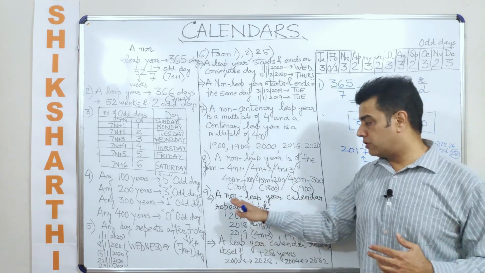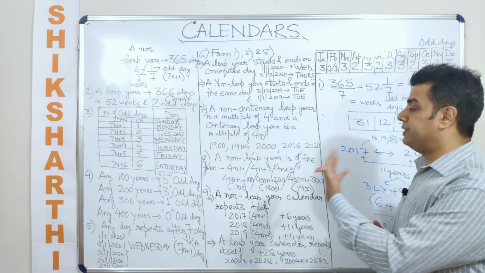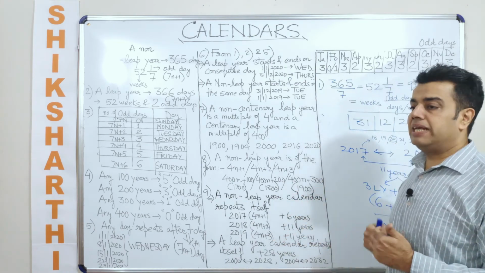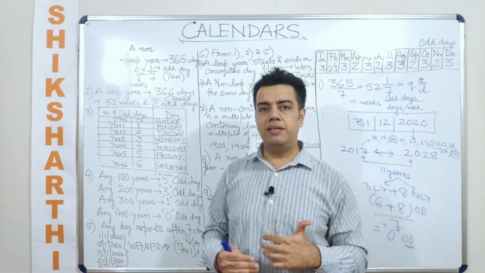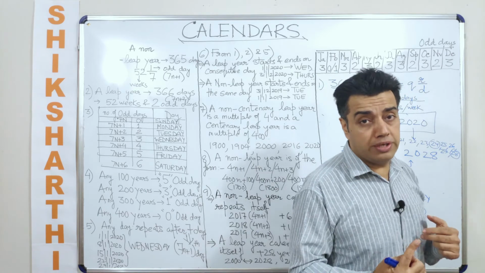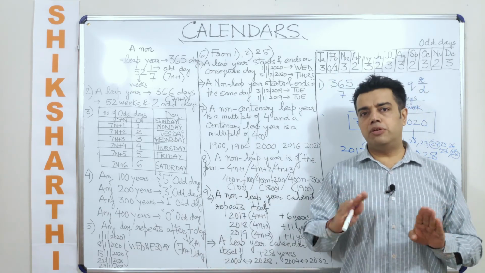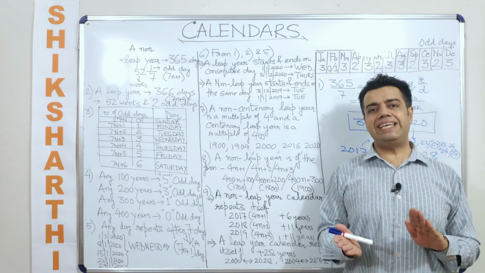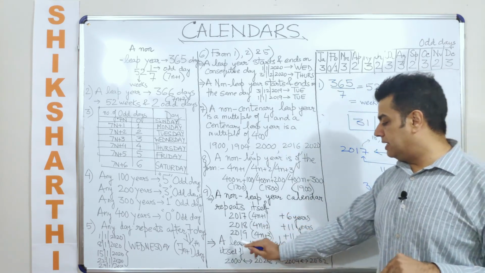And here as of now we are talking about non-leap years. Similarly, we talked about had it been a leap year, in that case what will I say? The concept of 7 we have already understood, and we know that a leap year happens once in every 4 years. So combining both, multiple of 4 and multiple of 7 is just like saying multiple of 28. Which is just like saying a leap year.